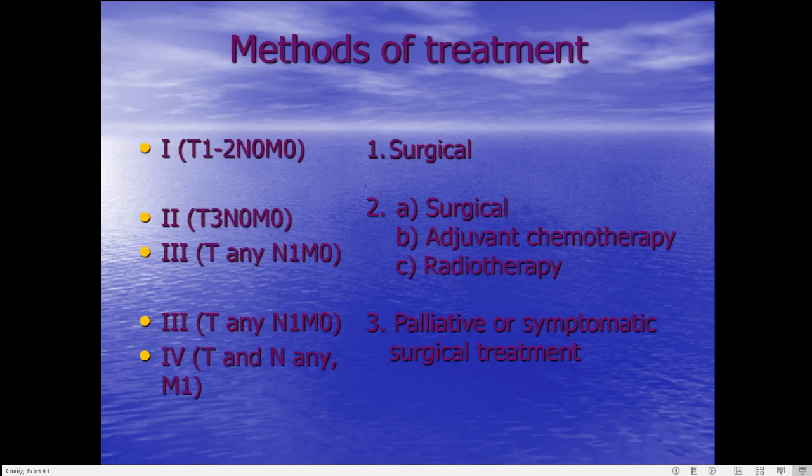What does palliative mean? Before we discuss palliative, just to liquidate the complication of the tumor. In this case, the first complication will be jaundice. We don't do radical operation to remove the tumor. Here we do palliative operation to liquidate the complication of the tumor.